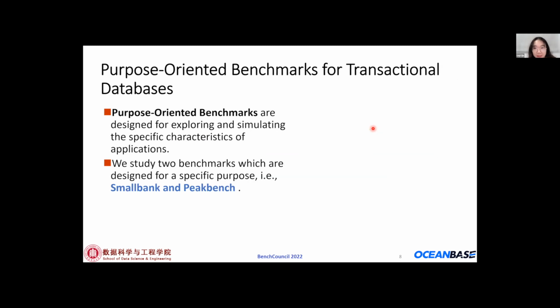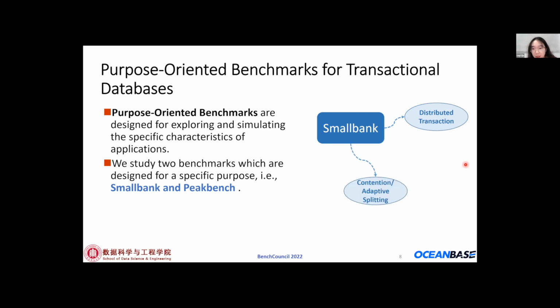Purpose-oriented benchmarks are designed for simulating the specific characteristics of applications. We study SmallBank and T-bench. Here we take SmallBank as example, which evaluates different serializable protocols under snapshot isolation. There are 5 types of transactions in SmallBank. Specifically, the amalgamate transaction transfers the total balance in checking and savings of one customer to the balance of another customer, which may cause distributed transactions spanning at most 2 nodes.